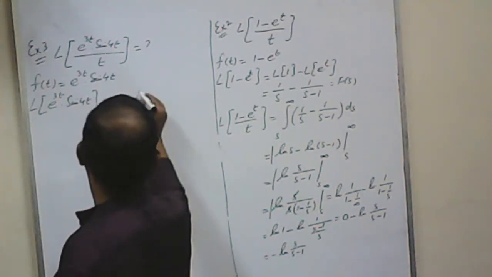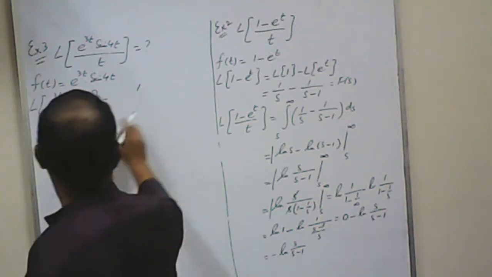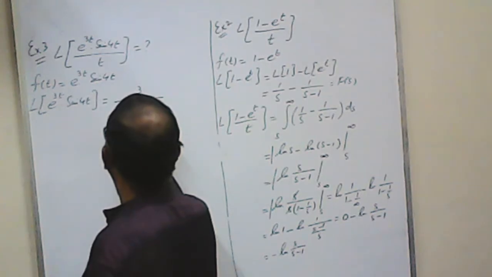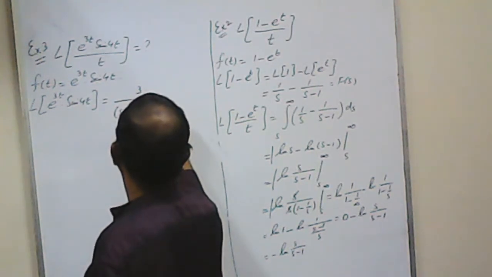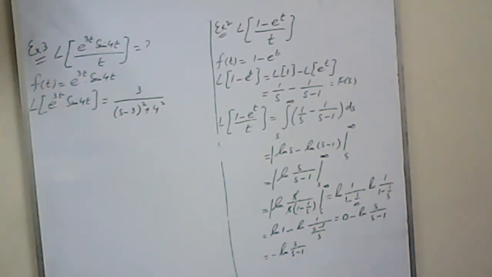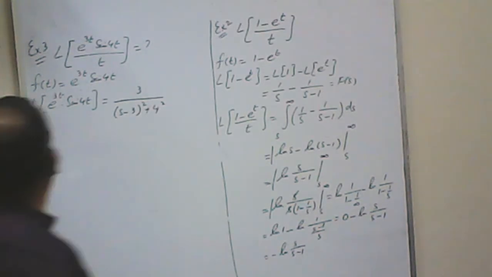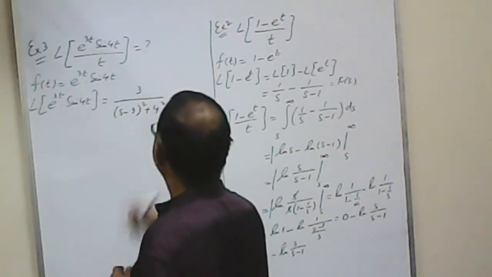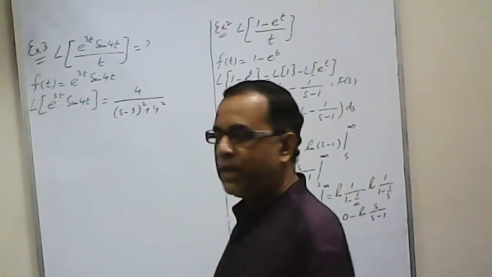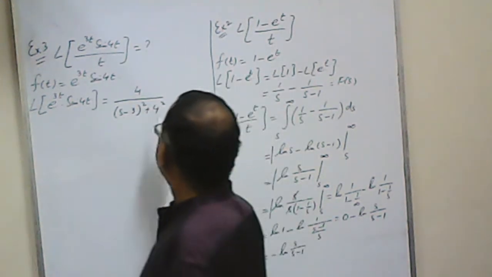So this is equal to 3 upon s minus 3 square plus 4 square. Now e power at into sine bt is b upon s minus a square plus b square.